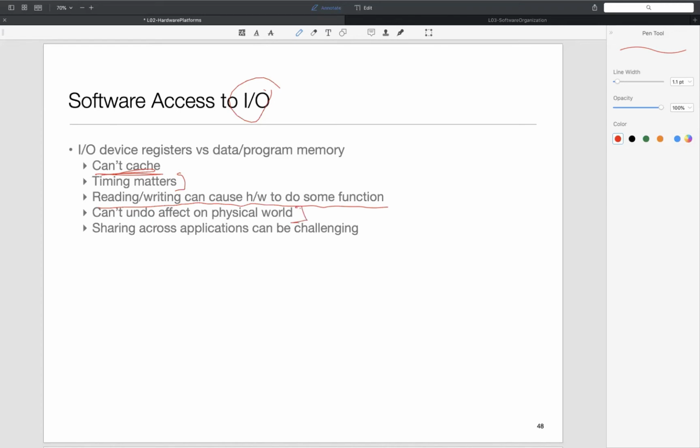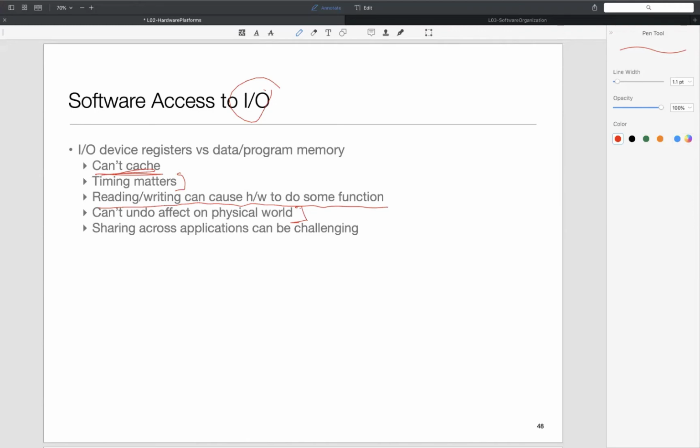If I write to a memory location and then realize I messed up, I can overwrite it, no big deal. On the other hand, if it's an IO device, if I write to it, that may have caused the robot arm to move, and I may not be able to undo it. So we have to be aware that IO devices and communication devices have an additional effect. It's not simply bits changing in memory.